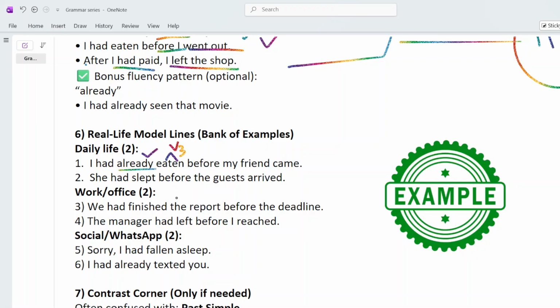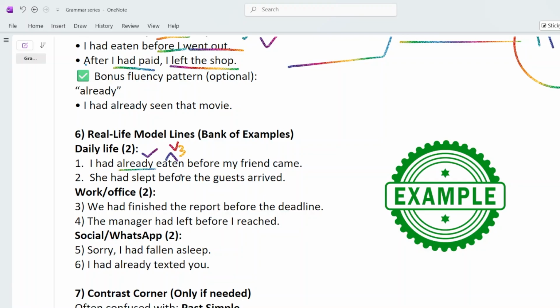All these words give a gist of enhancement to the way you speak. "I had eaten" can be the sentence, but I prefer using "already" because it makes my English sound, I can say, embellished, a bit better than what I would otherwise speak.